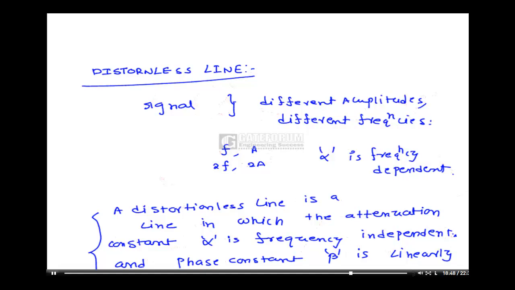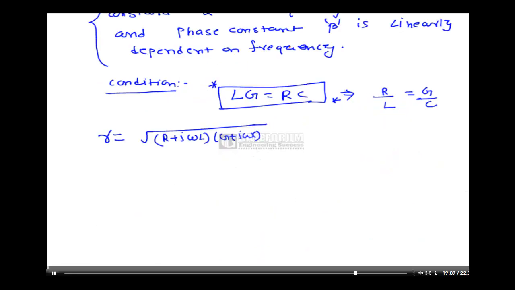Now we will see what the propagation constant and the characteristic impedance are for a distortionless line. I know that gamma is equal to the square root of (R plus j omega L) into (G plus j omega C). This is the general formula. Now what I am doing is, taking R common from the first one and G common from the second one.